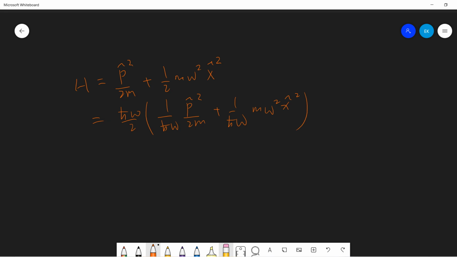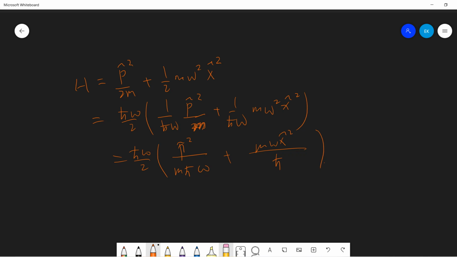We just factor out h bar omega divided by 2 and make some changes, so this becomes p hat squared divided by m h bar omega, plus m omega x hat squared divided by h bar.